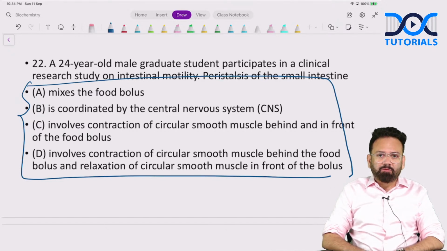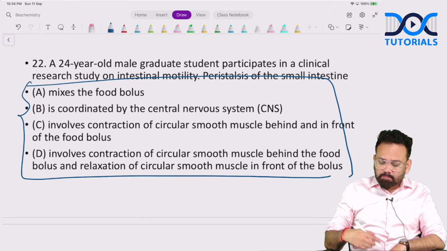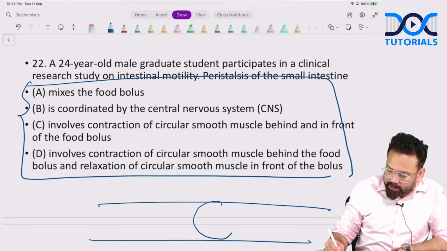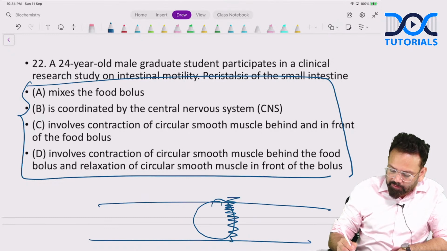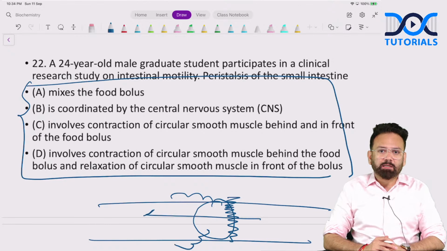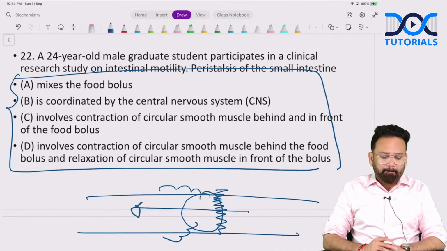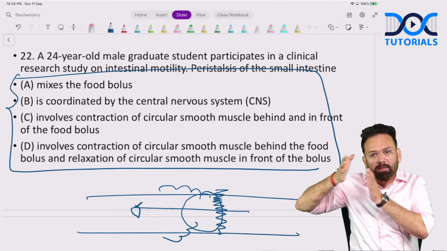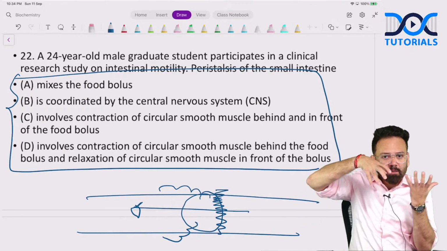What is the mechanism of peristalsis? If there is a bolus of food, at the back of the food there is contraction and at the front of the food there is relaxation. This will move the food. It is called peristalsis. So, what is the answer? It involves contraction of the proximal segment behind the bolus and relaxation of the distal segment.